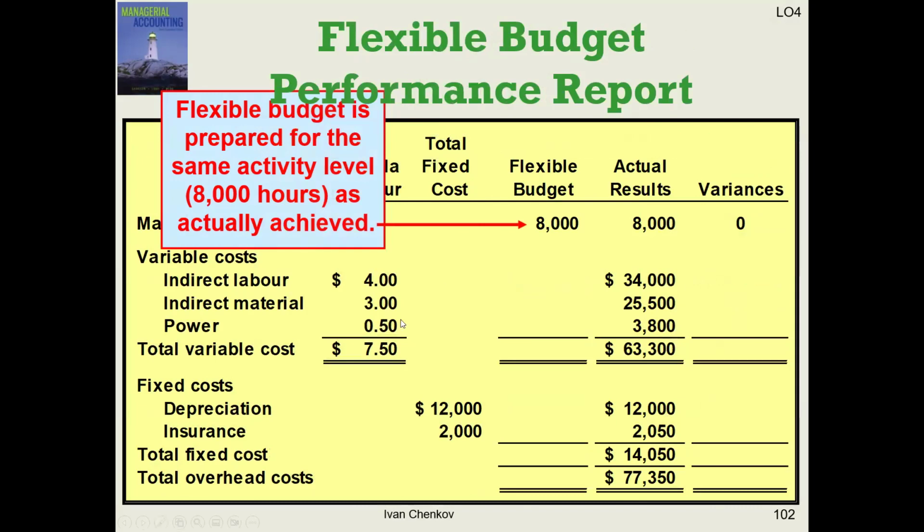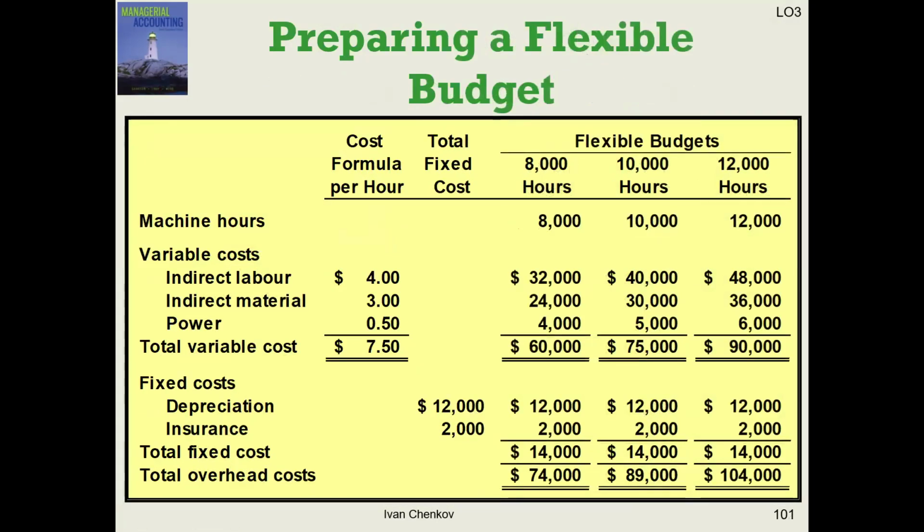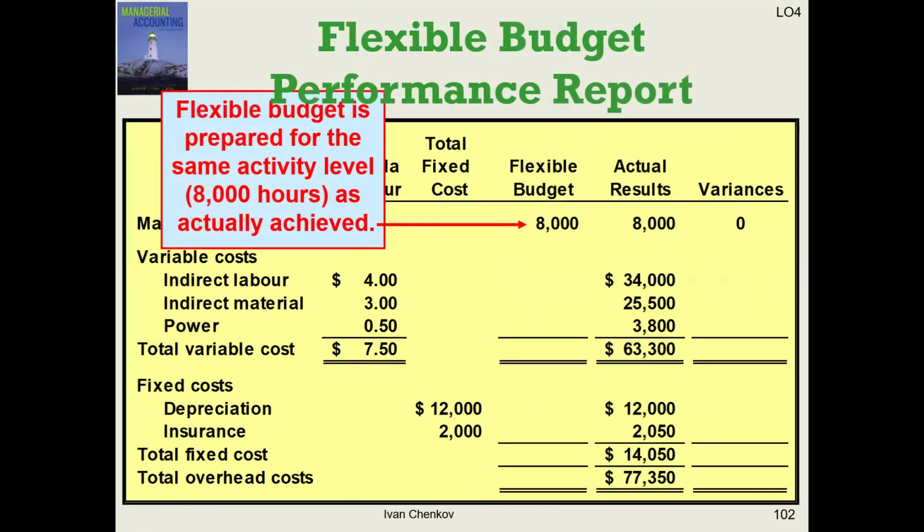So where are my actual results? My actual results are usage of 8,000 hours. In my budget, if I'm using the machine for 8,000 hours, I'm supposed to spend $32,000 in direct labor. In reality, how much am I spending? 34. Is that good for me or bad for me?